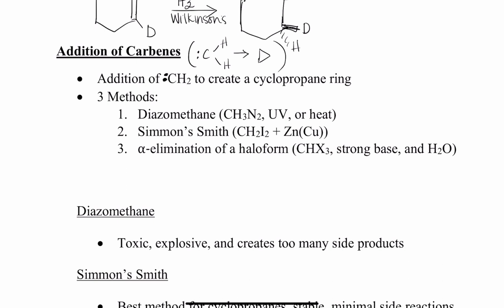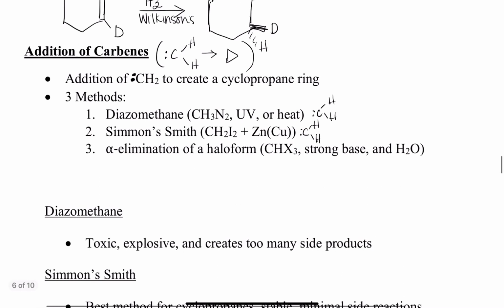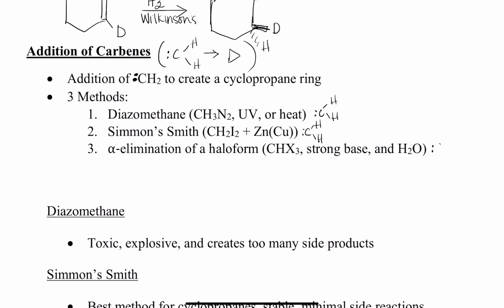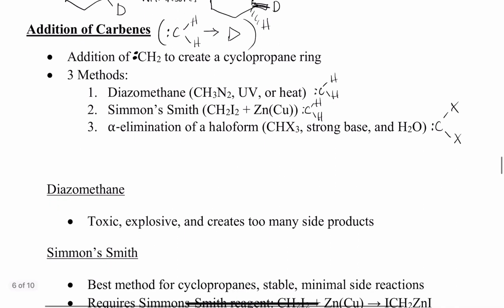So for the first 2 methods, diazomethane and Simmons-Smith, this is just, again, going to be a cyclopropanation where our carbenes are just carbon and hydrogen. However, alpha elimination is going to create a halogenated carbene. So instead of it being 2 hydrogens, it'll be 2 halogens.